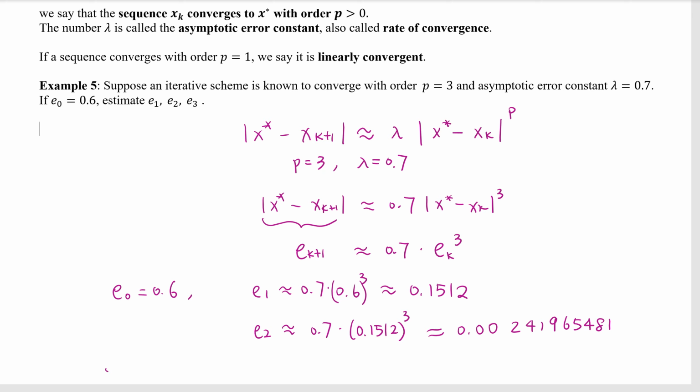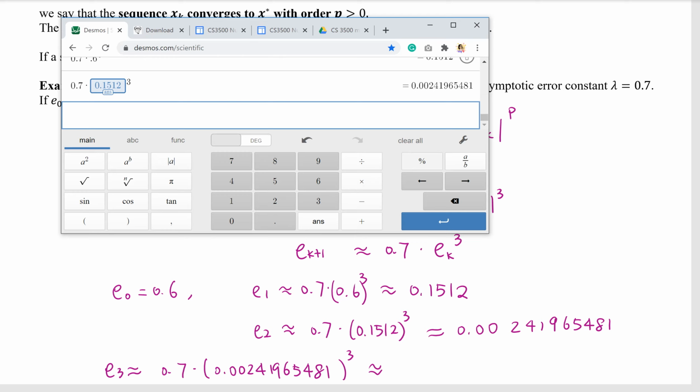Okay, how about E3? Well, E3 is 0.7 times that long number, cubed. Where's my calculator? Here. Can I go back and enter?